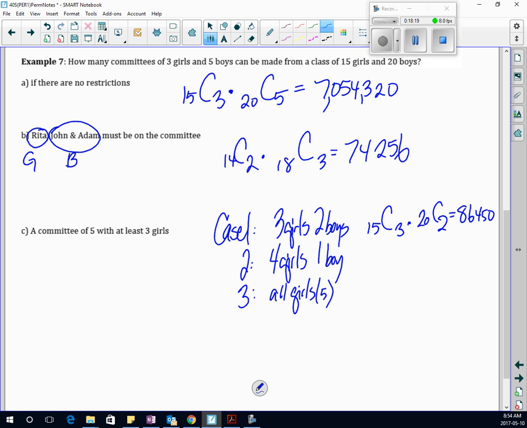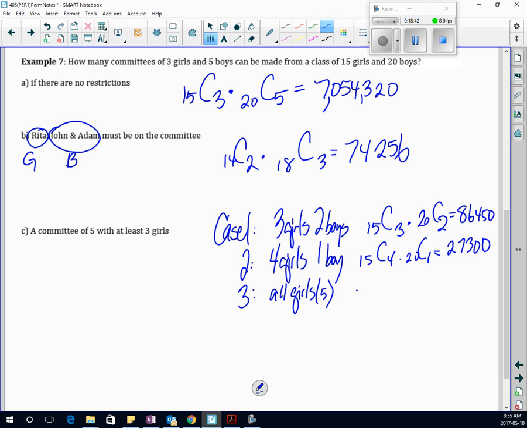86,450. So the next one would be 15 choose 4 times 20 choose 1. Does everybody know what 20 choose 1 is? 20. It just saves time if you understand those things, right? Instead of going through your calculator keystrokes. So you get 27,300.